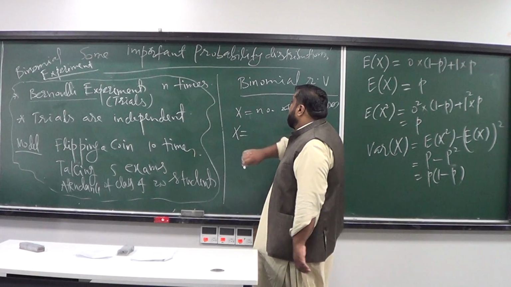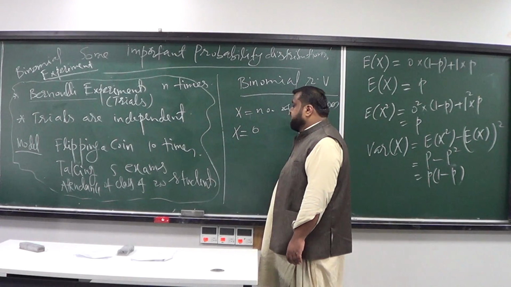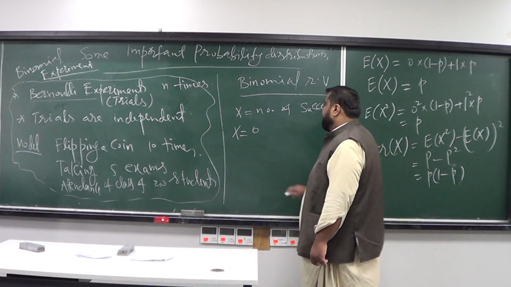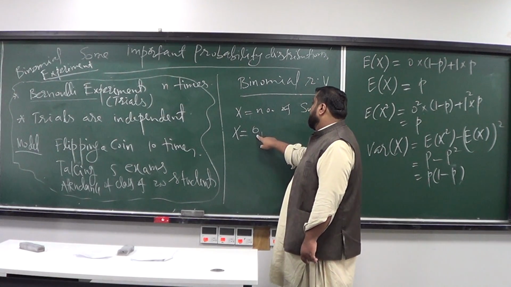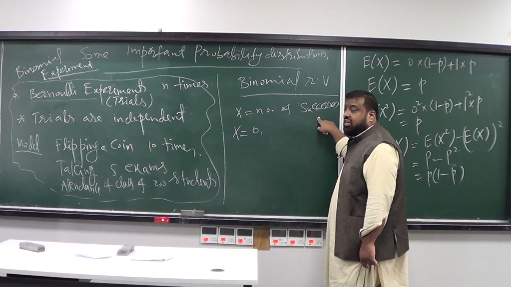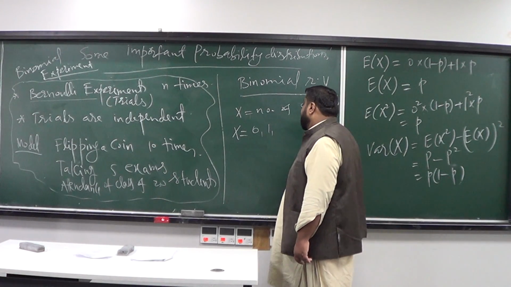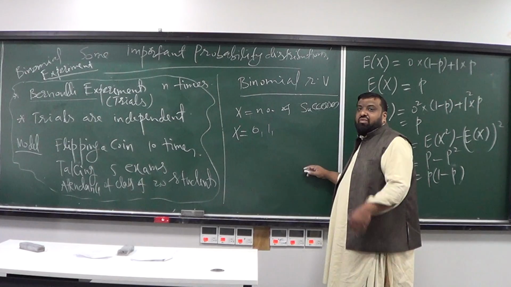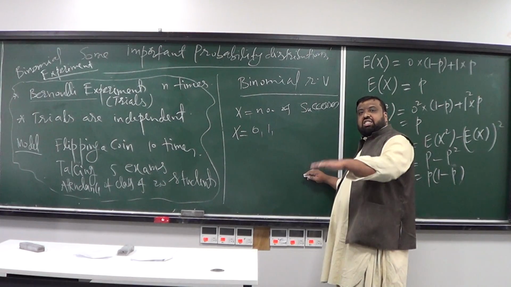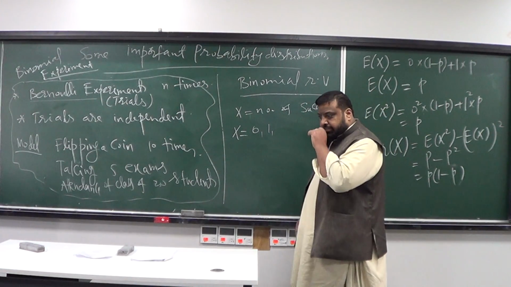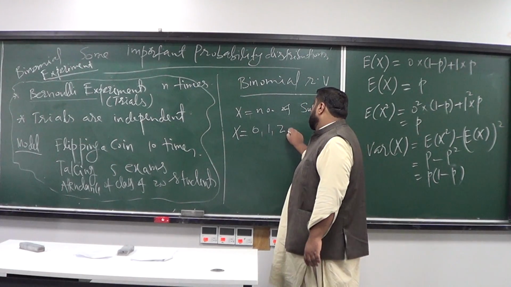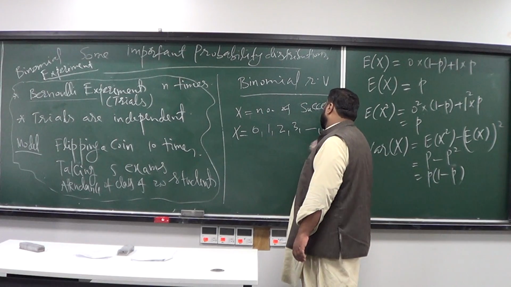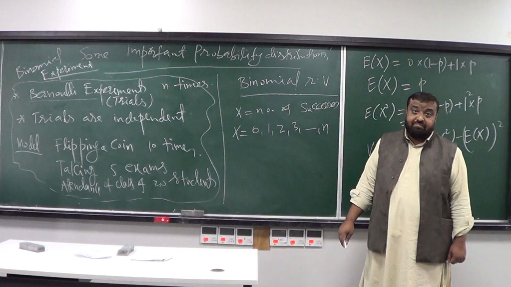So if you are doing a binomial experiment, what values can the random variable take? It can take 0, which means that you haven't got any success. It can take value 1, that means that you have 1 success and the rest are failures. So 2, 3 and so on and so forth, up to n.